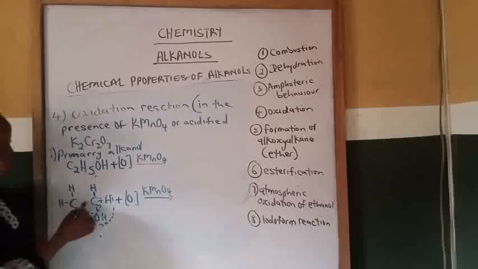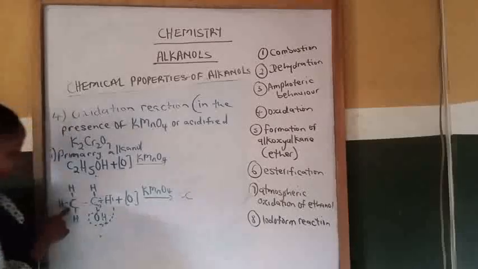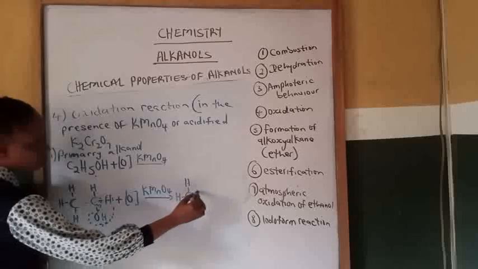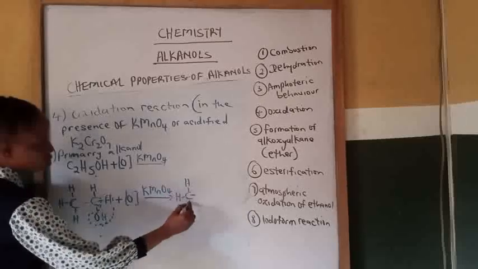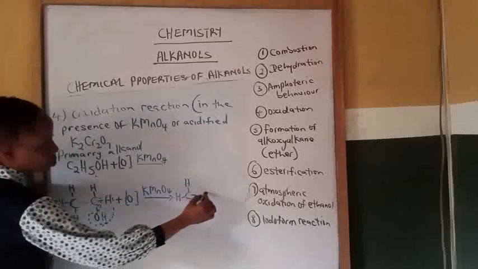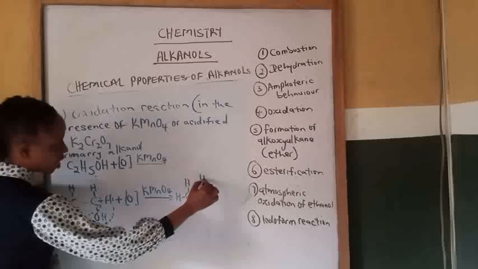So when you remove water molecule, your structure will remain the first carbon atom with 3 hydrogen atoms. Then followed by the second carbon atom with what? With 1 hydrogen atom.